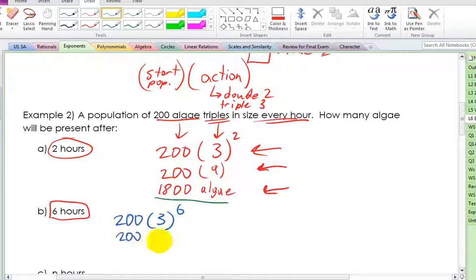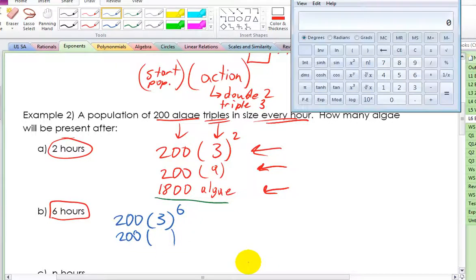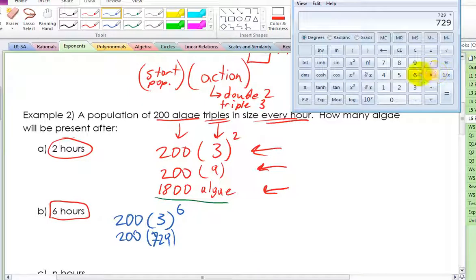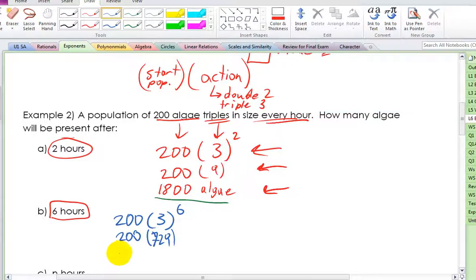So 200 times 3 exponent 6 is large, so I'll go to the calculator. 729. Okay, so multiply it by 200. Get 145,800 algae.